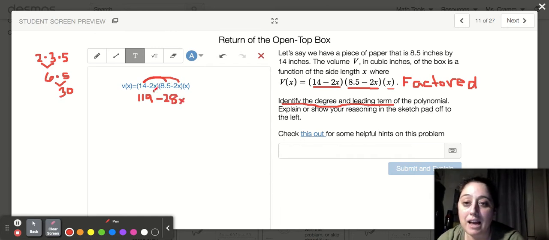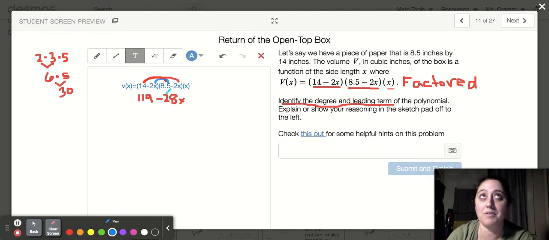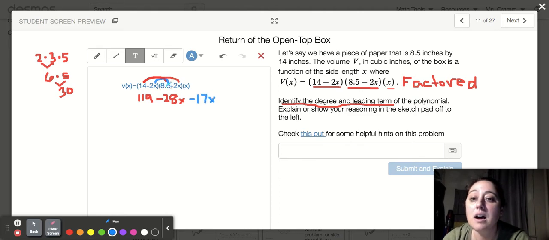All right, so now let me maybe change colors. I'm going to start from this -2x times 8.5. So that would be -17x. And then -2x times another -2x would give me a positive 4x squared.